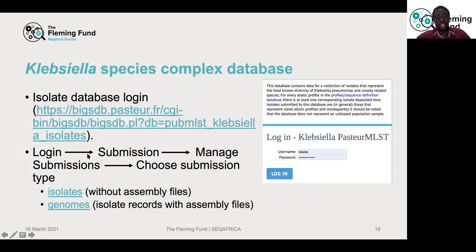So when you log in, you click on the submissions icon, you click on manage submissions, and then you choose the submission type, either the isolates alone without the assembly files, or the genomes, that's the isolate records with the assembly files. It's advisable to submit the isolate records with the assembly files, at least for records. So in my own case, I submitted the isolate records with the assembly files.